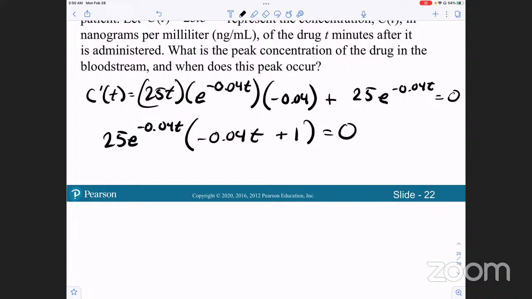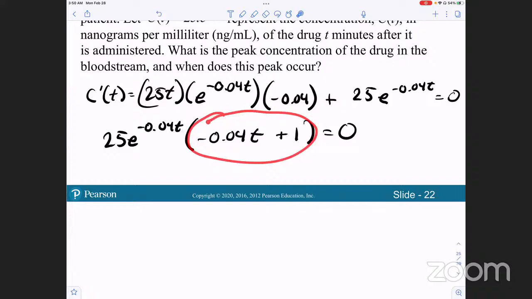Now, when will this be 0? If we use the zero factor property, we set each factor to 0 and solve. If you set the exponential factor equal to 0, there isn't a value of t that makes it 0, so we don't get a 0 from there. But we can get a 0 from the other factor.